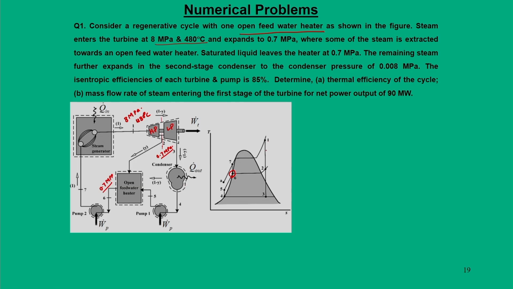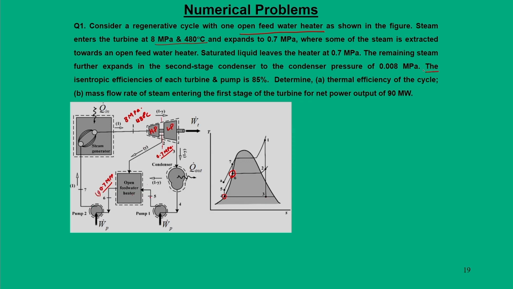After expanding, at state 3 it enters the condenser and goes to state 4, and from 4 to 5 there is a first stage pump, and then 5 to 6 is the open feed water system, and at 6 both 1 minus Y and Y units merge, giving 1 unit again.